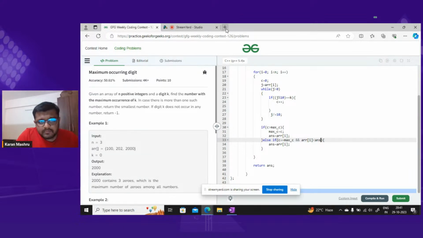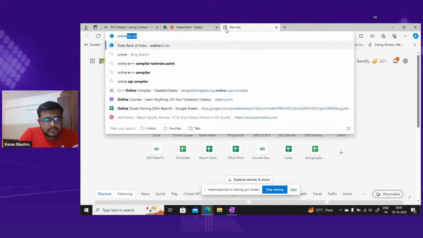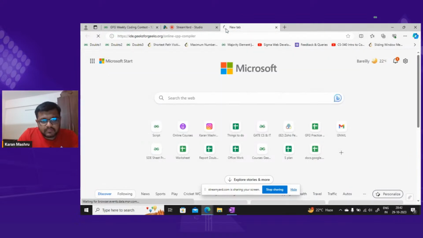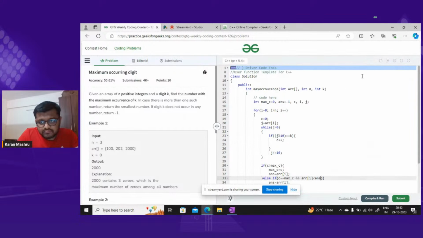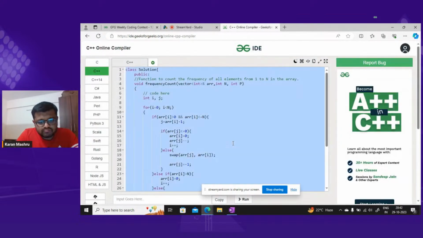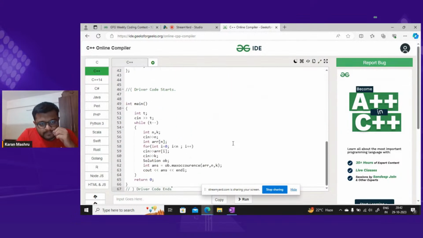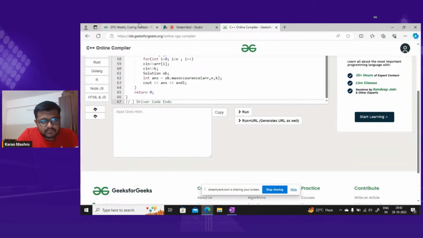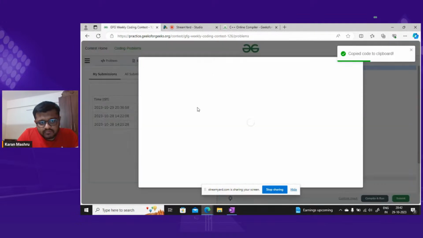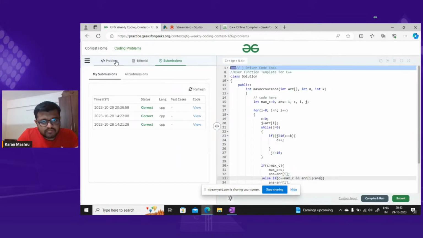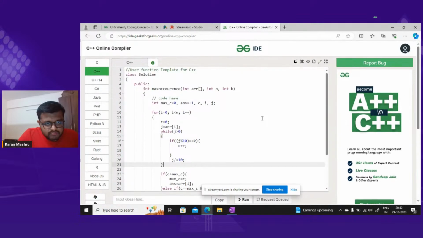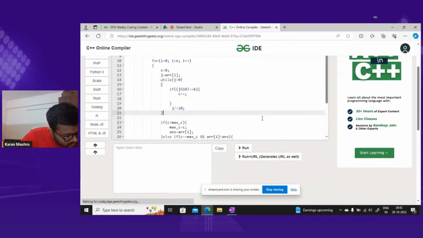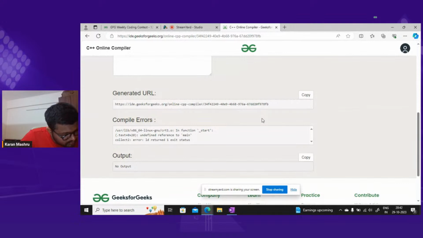Also let me share the code. Okay, great.